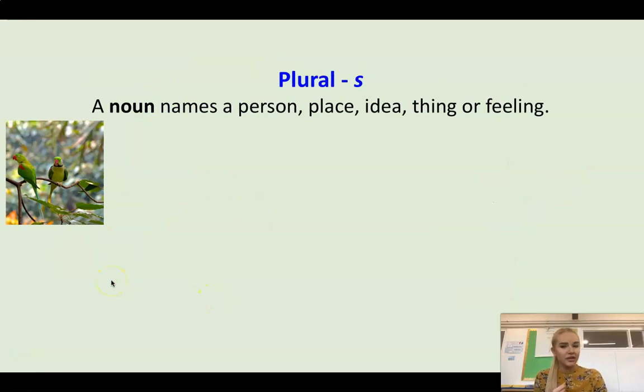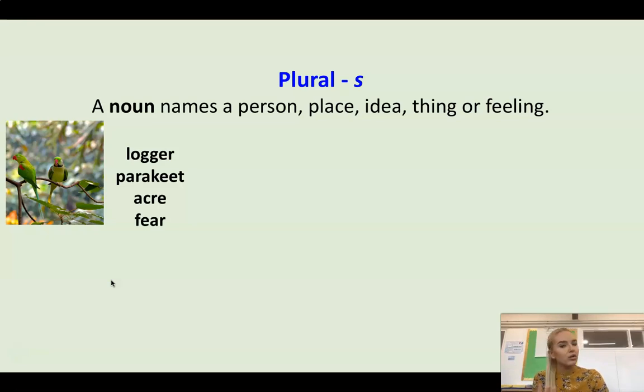But just briefly discussing the plural, we know from our English lessons last week that a noun names a person, like Miss Newman, a place, school, an idea, a thing, or feeling. So we can have the word logger. Logger is someone who cuts down trees. We can have the word parakeet. A parakeet is a bird. Acre, there is an acre of land surrounding these trees.